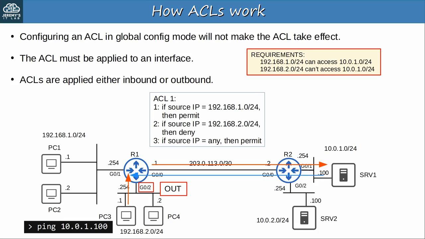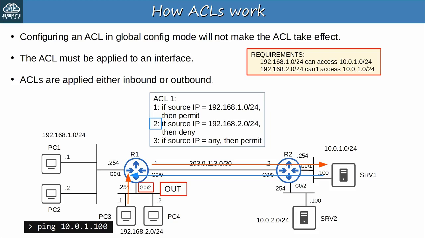Now, when server 1 sends the reply to PC3, R1 will check the ACL to decide if the traffic should be forwarded out of G02 or not. It will check the entries of ACL1 in sequence. If source IP equals 192.168.1.0/24, well, the source is server 1, so that doesn't apply. If source IP equals 192.168.2.0/24, that doesn't apply either.